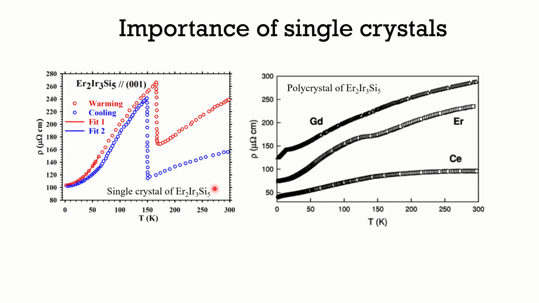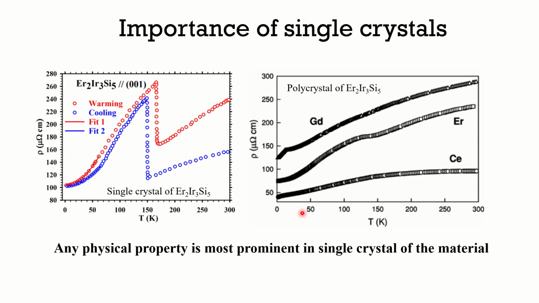So in these two datasets, you can see that this transition in resistivity is most prominent in the single crystalline material rather than the polycrystalline material. As I discussed, any physical property is most prominent in a single crystal of the material, and that's why in research, single crystals are so important in understanding the fundamental properties of materials.